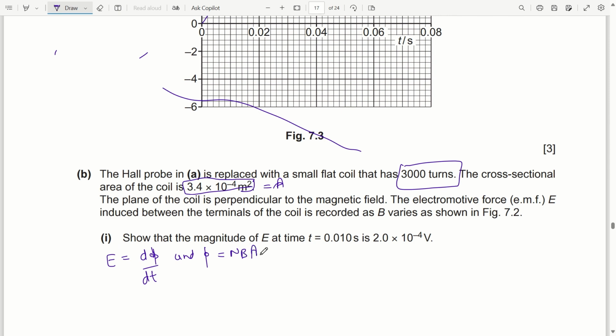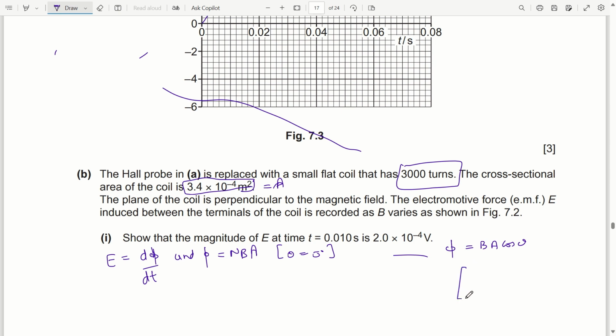I am considering NBA only because the plane of the coil is perpendicular to the magnetic field, and if the plane of the coil is perpendicular to the magnetic field, then theta here will be 0 degree. As we know, phi is given as BA cos theta.